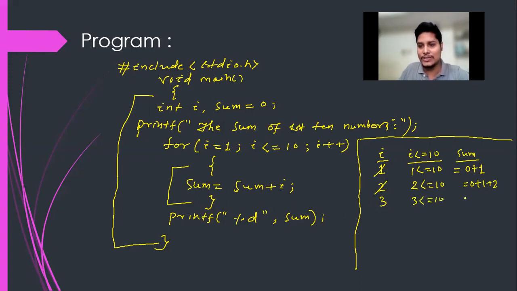So sum = sum + i, equal to 0 plus 1 plus 2 plus 3. Now 3 will be incremented by 1, so it will be 4. The condition is checked, 4 <= 10. So the sum will be sum plus i, which is 0 plus 1 plus 2 plus 3 plus 4.